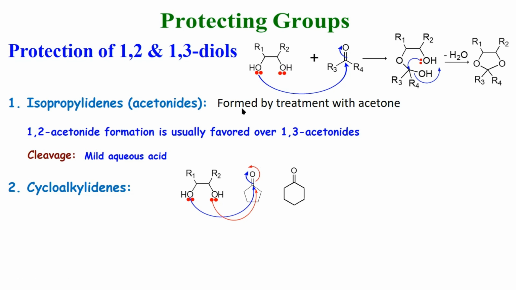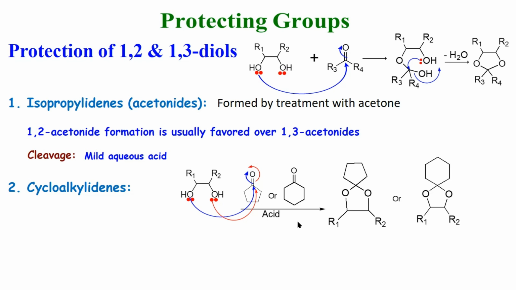The same can be achieved by using cyclohexanone. We can either use cyclopentanone or cyclohexanone in the presence of an acid. It loses the water molecule and it can form either cyclopentylidine or cyclohexylidine depending upon the reagent which we use.